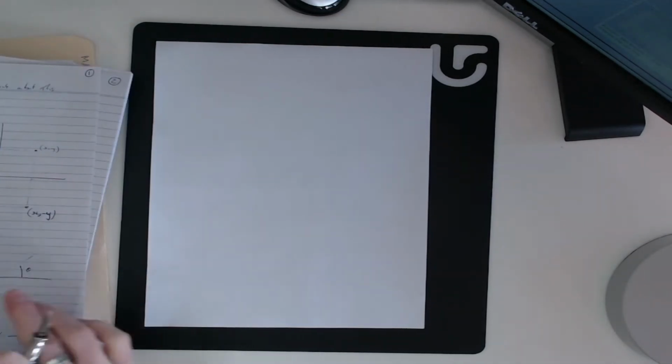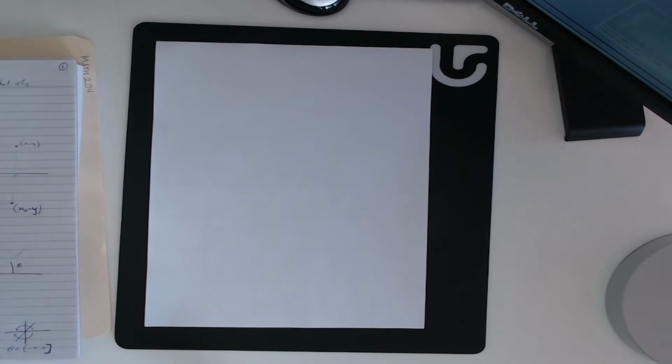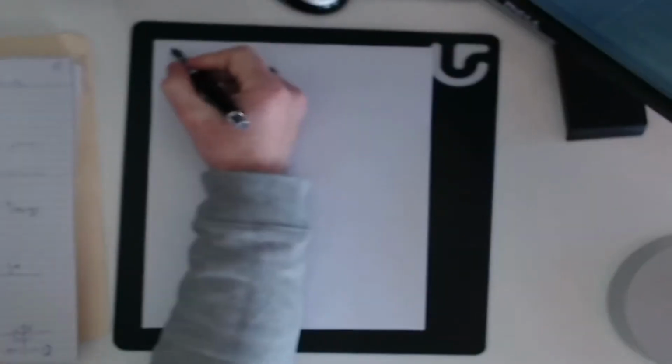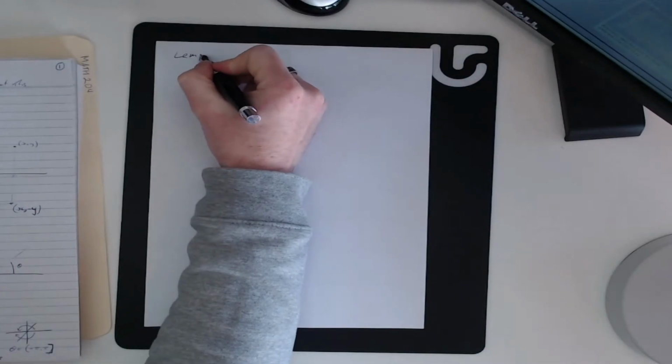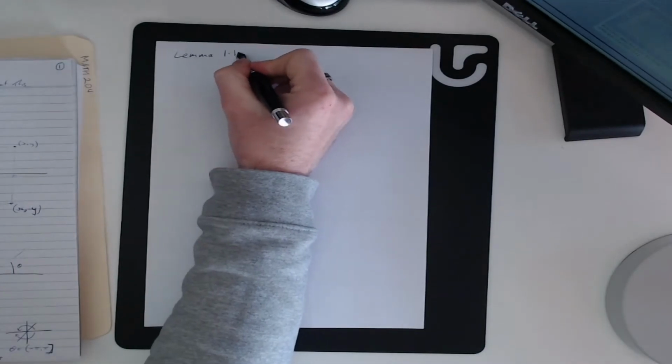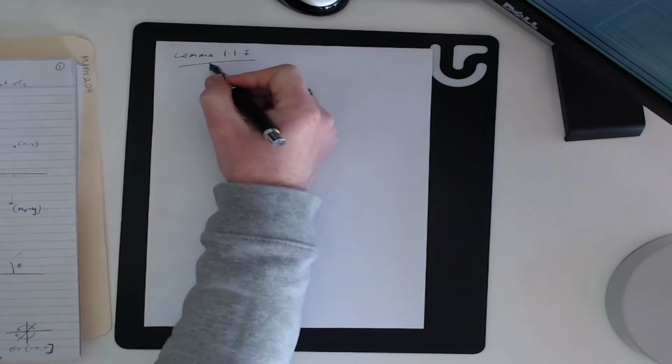Now there's a cute result which follows from all of this, and this is in the notes, lemma 1.17.